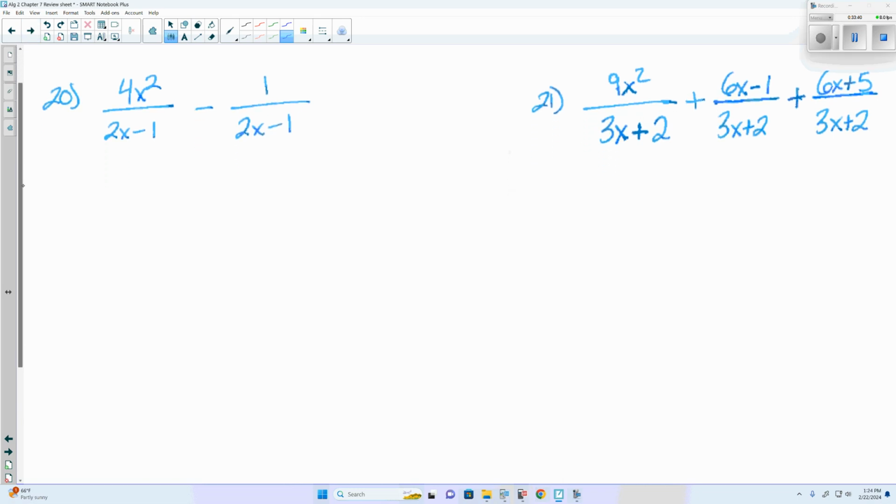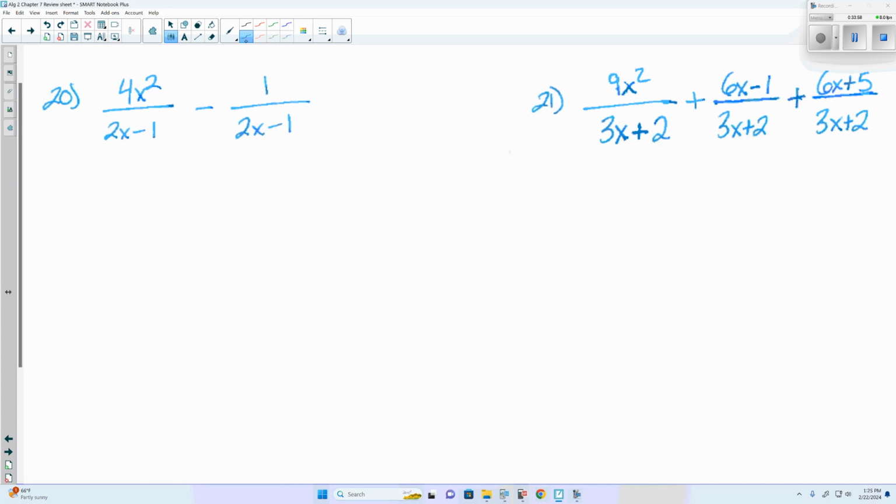All right, let's look at these here, addition or subtraction. Whenever we add or subtract rational expressions, the denominators have to be the same. Doesn't matter how they're set up. If we have two things being multiplied together, as long as the two denominators are the same, we can add or subtract the numerators.